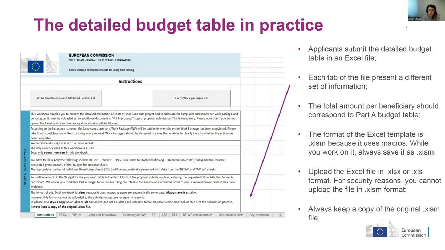So use the format that is currently available in the submission portal, and when you finalize the document and you're sure that this is the Excel table you want to attach to your proposal, please save it as an Excel table and then upload it as such, and always keep a copy because you may need it if you encounter any sort of issues during the submission of your application.